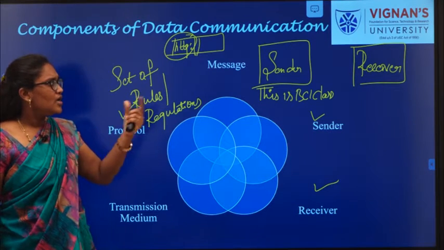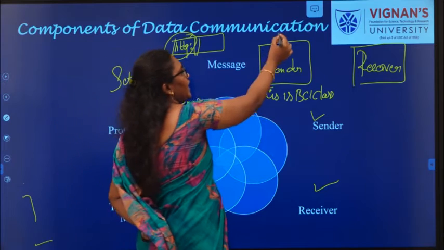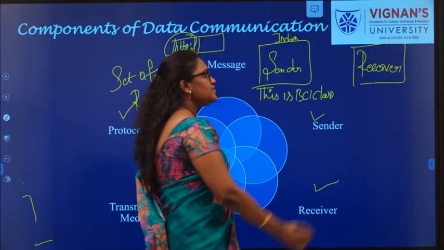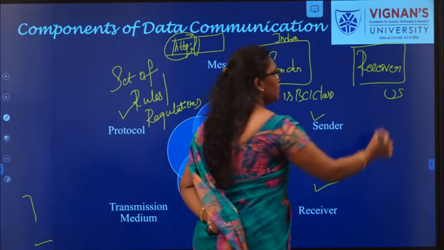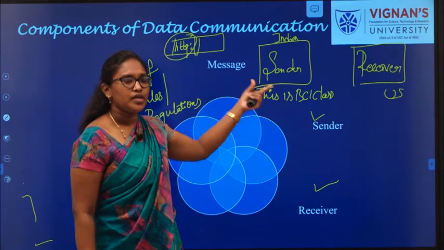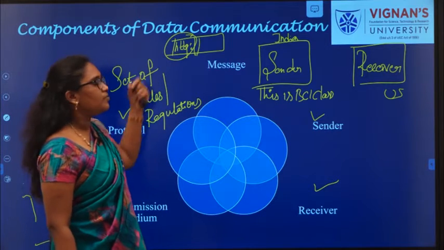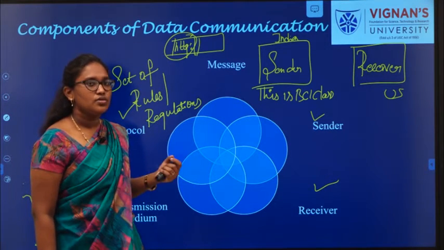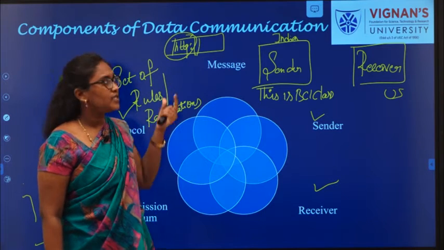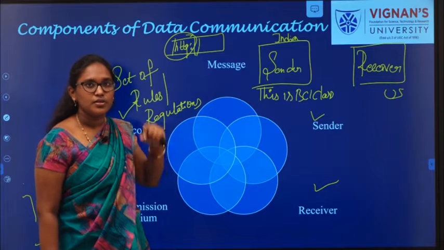Consider the sender is in India and the receiver is in the US. To exchange the communication between India and US, you need to exchange it with the help of a protocol. So for all websites, a specific protocol that starts with HTTP will be visible to you.